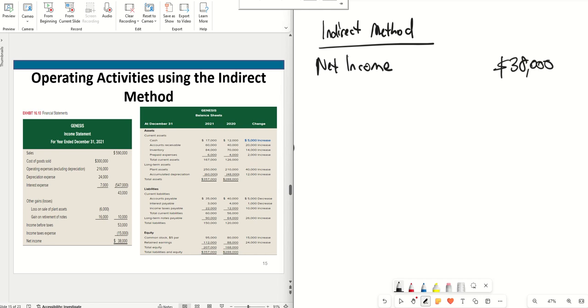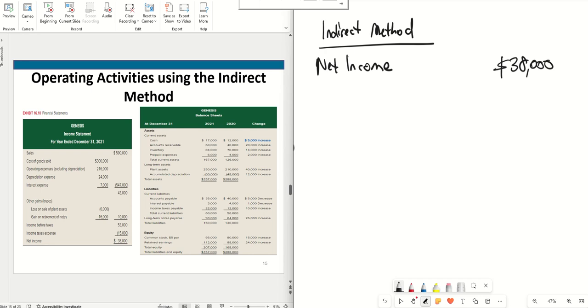We have sales, cost of goods sold, operating expenses, depreciation expense, etc. Our job is to figure out the accounts or items that don't affect cash but did affect the bottom line, which is the net income of $38,000.